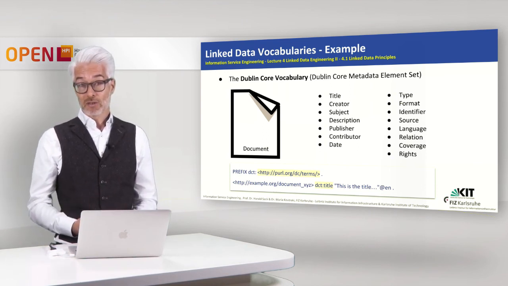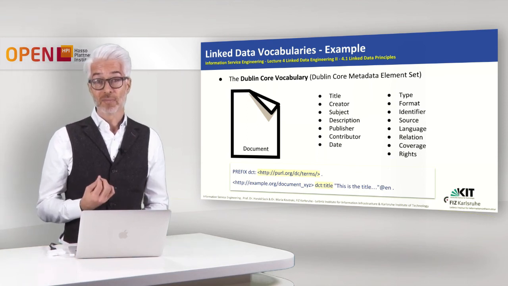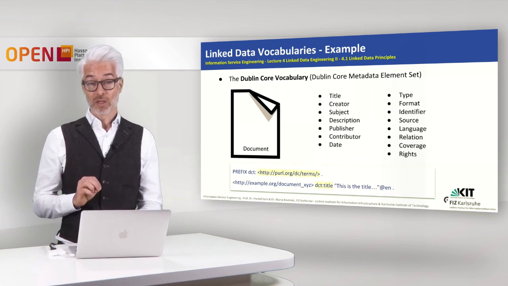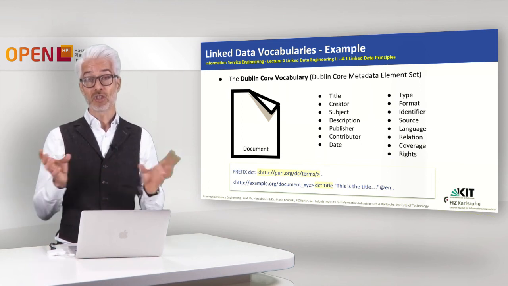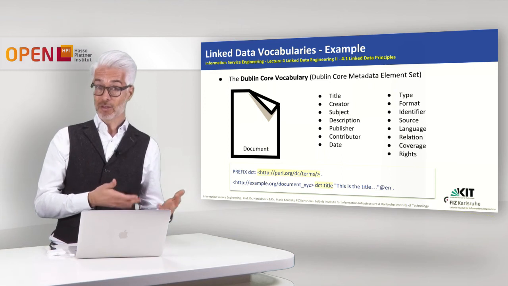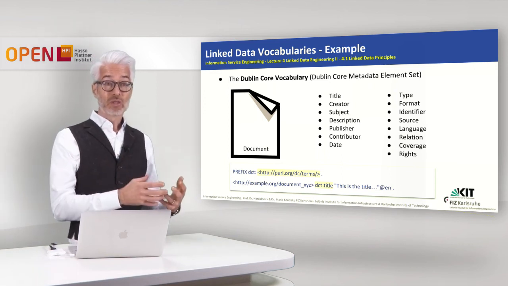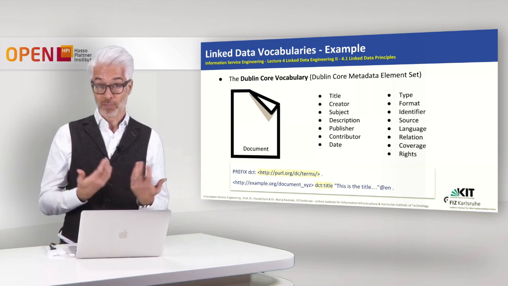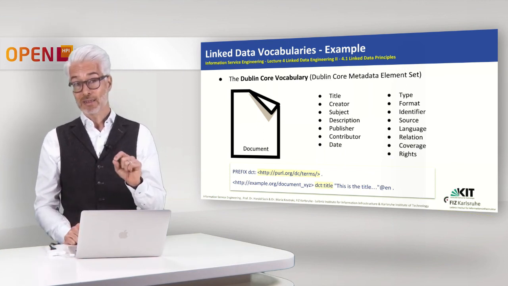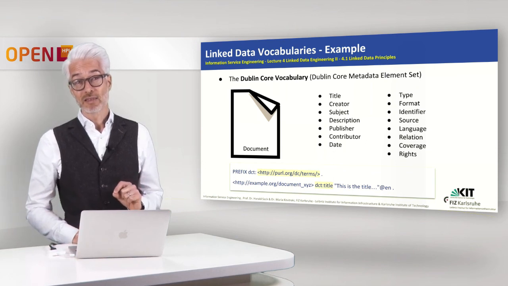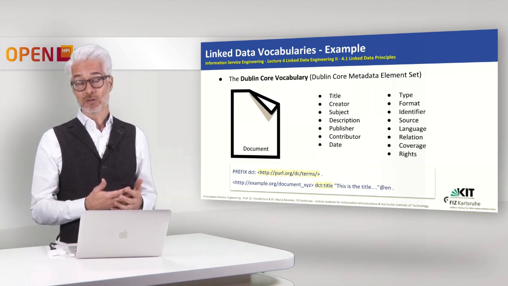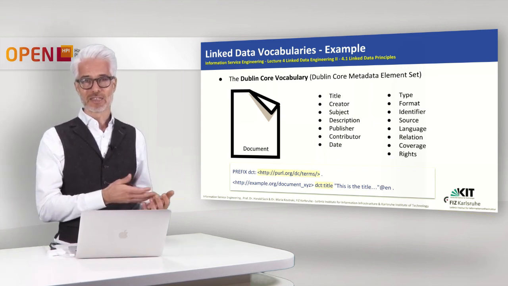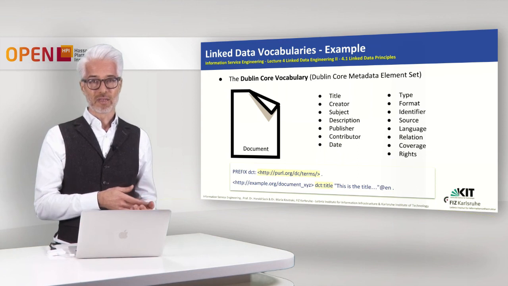But for us it's more interesting how arbitrary vocabularies can be created, because also the Dublin Core vocabulary must have some kind of a definition, like RDFS. RDFS also is a language which is able to define a vocabulary. But the point is RDFS is rather limited. We have seen that RDFS only has a few constructs. For example, we can say something is of a type, we can say something is a subclass, we can define a property, and that's it.